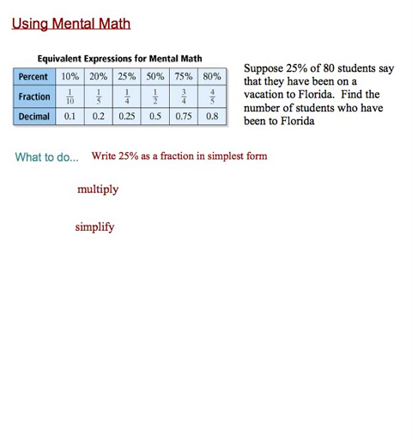And so in this case, we can write 25% as a fraction in simplest terms. So the way this looks is, grab a little pen here, we've got 1/4, and then remember the key word of means multiply 80 students.